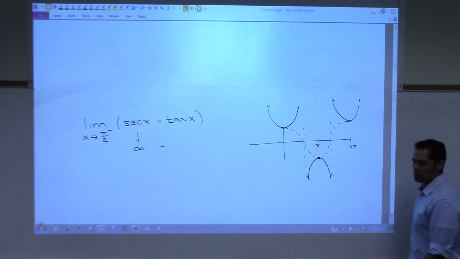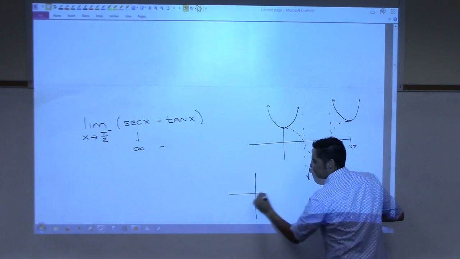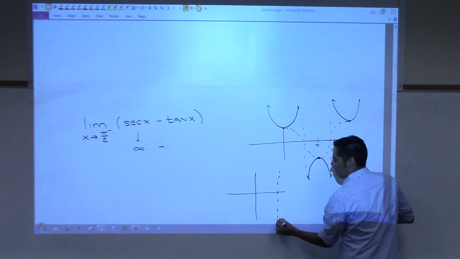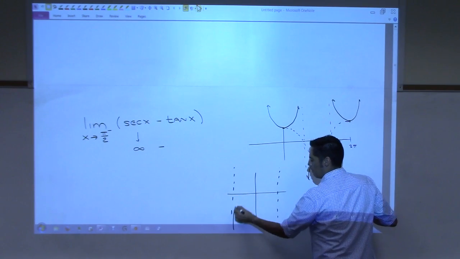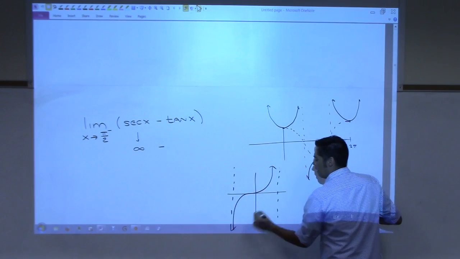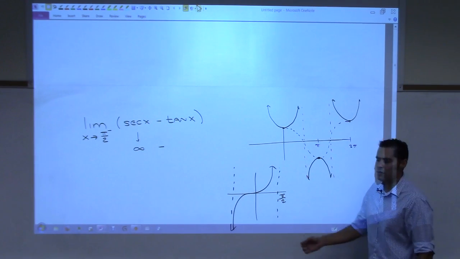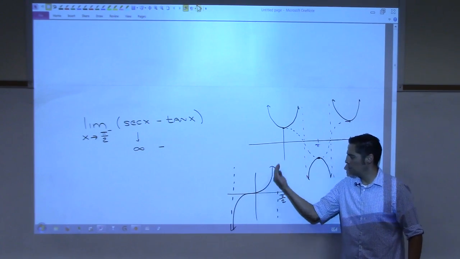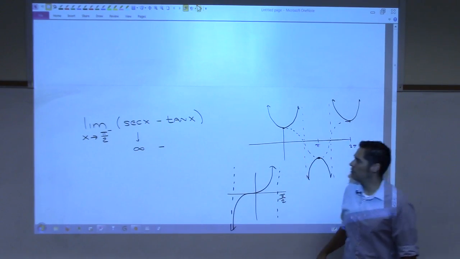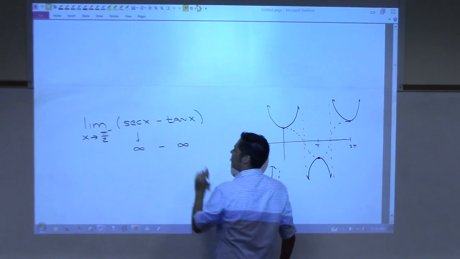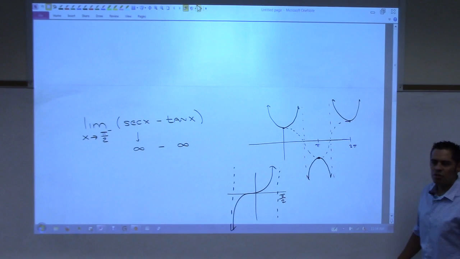You've got to know what tangent looks like. We just graphed that a second ago, didn't we? And wasn't this pi over 2 right here? What happens as you approach pi over 2 from the left? It goes to infinity also. So we have infinity minus infinity. That is an indeterminate form.